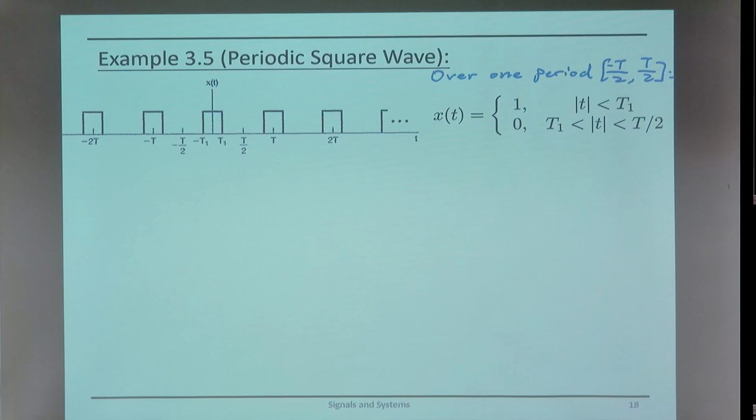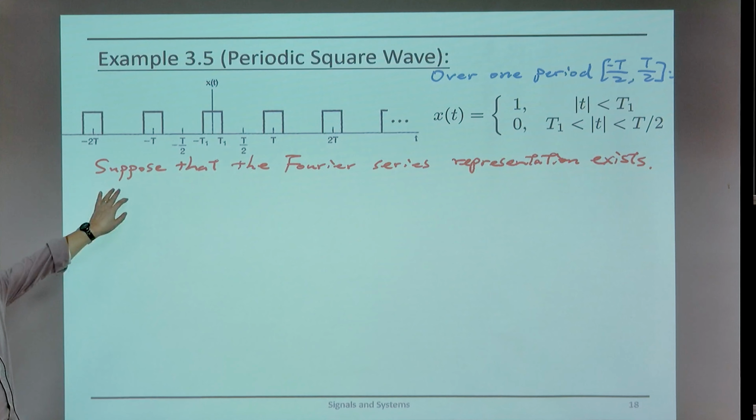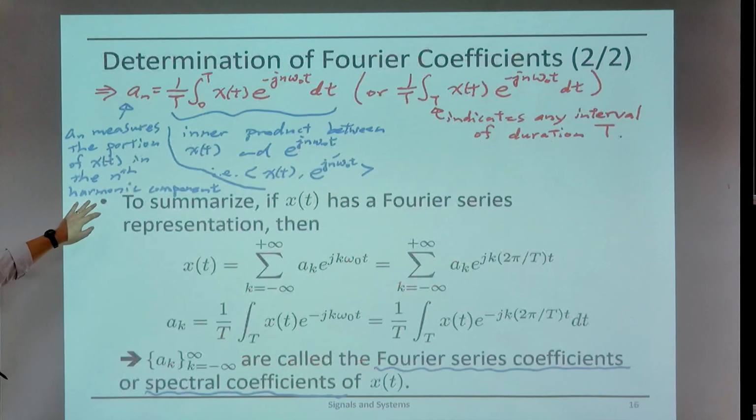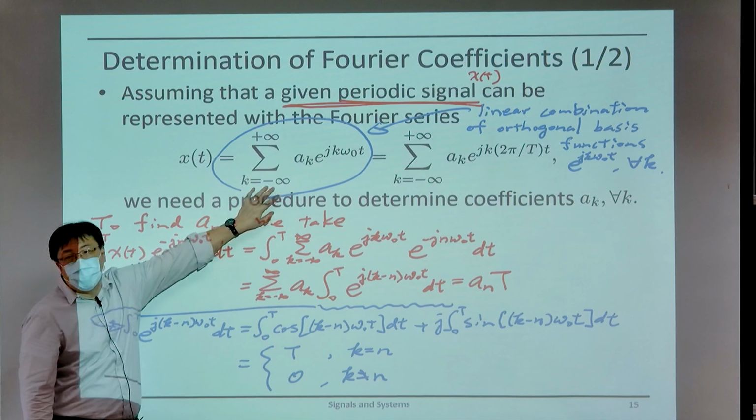Now, suppose that the Fourier series representation exists, meaning that we can write x of t in this form here.